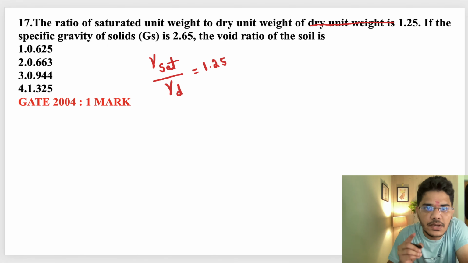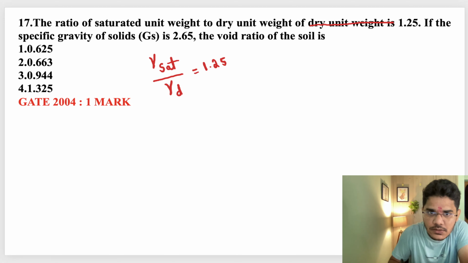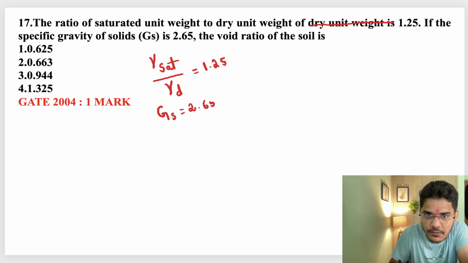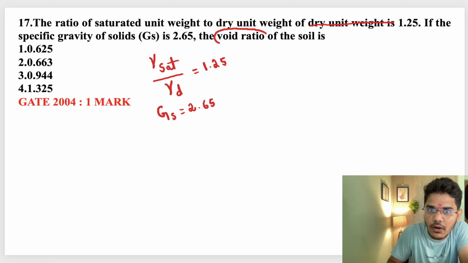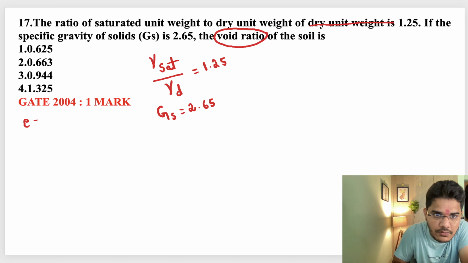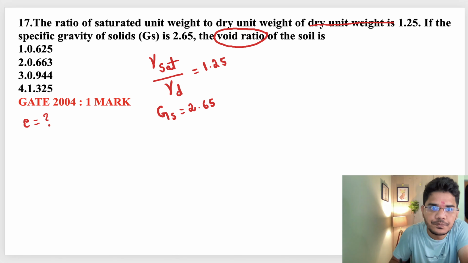If the specific gravity of solids is 2.65, so G_s is equal to 2.65, what is asked: the void ratio of the soil. So we have to find out e.